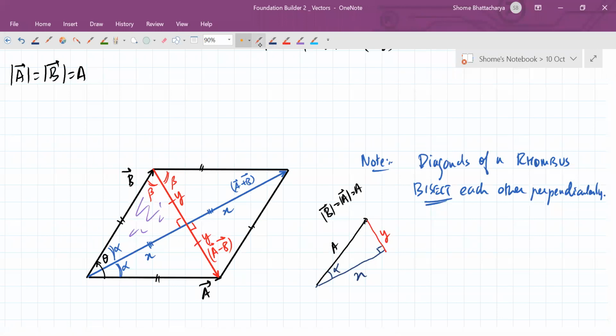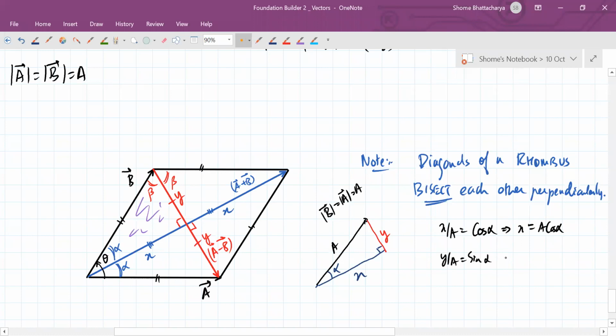Okay, so just use trigonometry here. So you have x by A is equal to cos alpha. So x is equal to A cos alpha, and similarly y by A is sin alpha. So y is equal to A sin alpha, and we've seen before that alpha is equal to theta by 2.